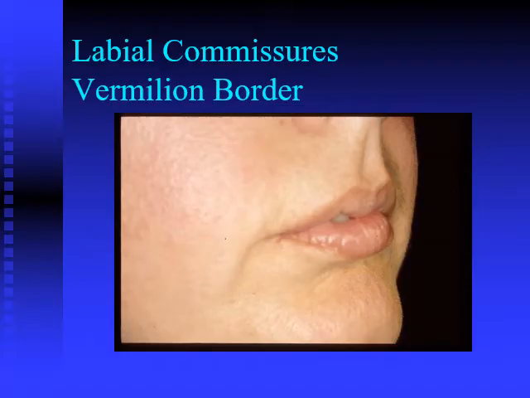Now let's start from external and discuss the entry to the oral cavity, which is the lips, sometimes called the vermilion border. At the corner of the mouth, we have the labial commissures, the corners of the mouth that you see here. This is keratinized skin, right?